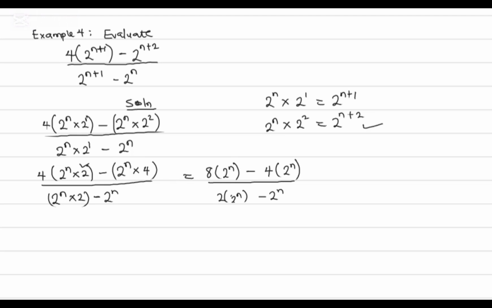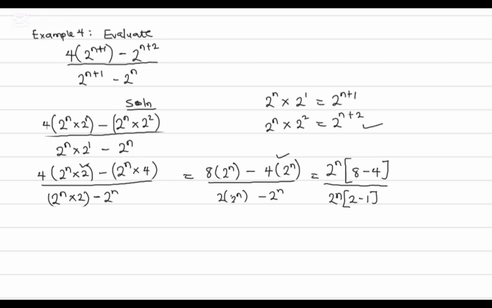Now we can factorize, understand. 2 raised to power n is common, so 2 raised to power n, then in brackets, we have 8 minus, removing 2 raised to power n here, what is left here is 4, all over. For the second one, factorizing 2 raised to power n, I would have 2 for the first one, and for the second one, 1.